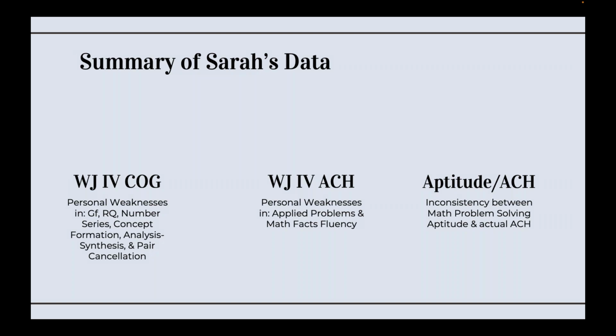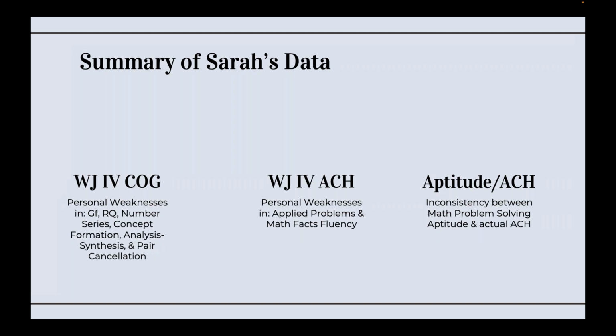So now thinking about just a summary, because we did talk about a lot of data, and then I'm going to get into some recommendations. We see in the WJ4 COG, again, personal weaknesses in fluid reasoning, quantitative reasoning, number series, concept formation, analysis synthesis, and pair cancellation. We discussed those as part of the intracognitive variations.